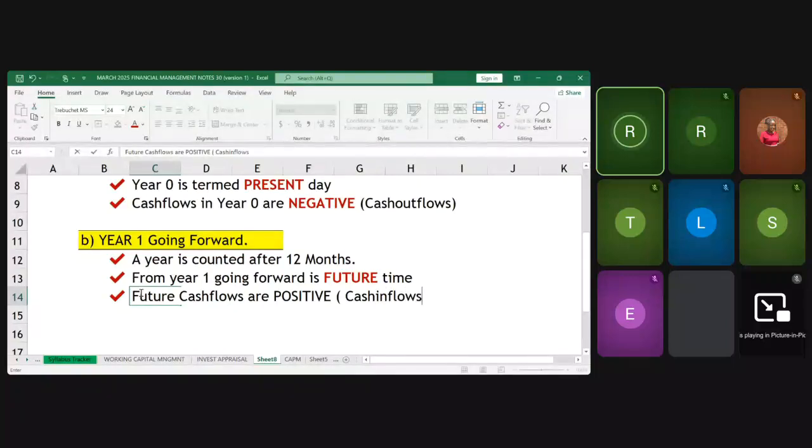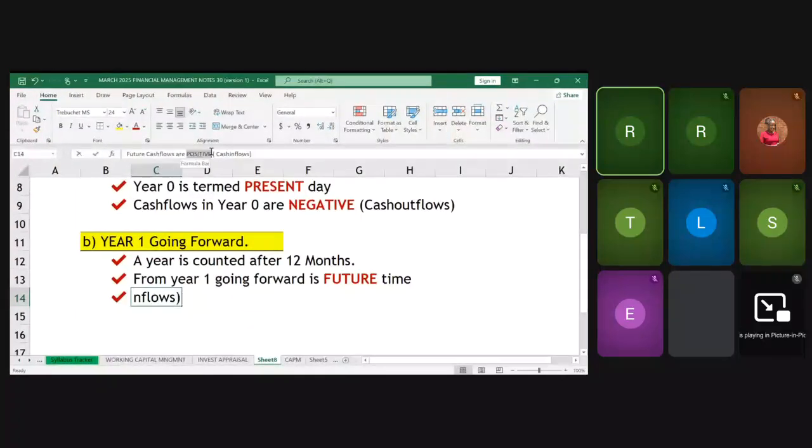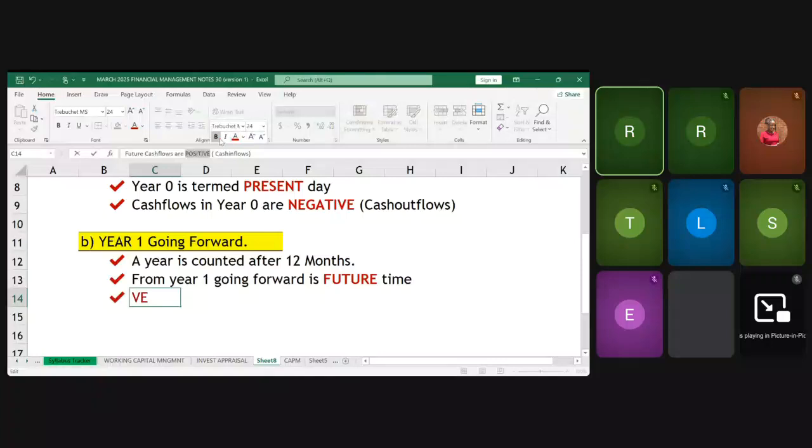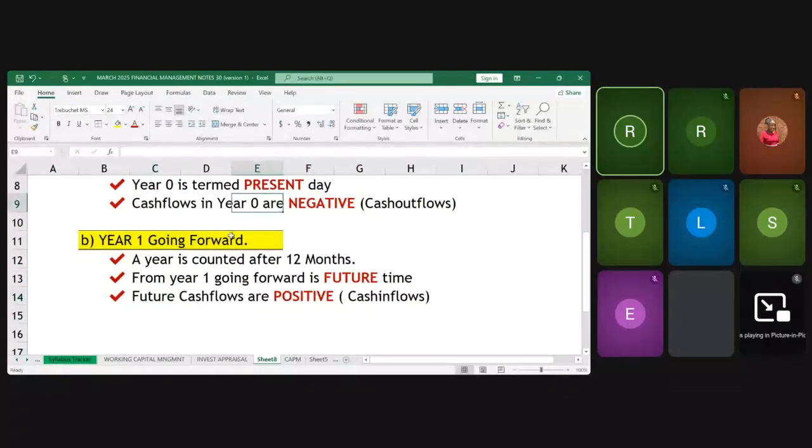So whenever we want to show that this is an expenditure towards an investment, we show it by a negative sign. If it is a return or the cash inflow, we show it by a positive sign.